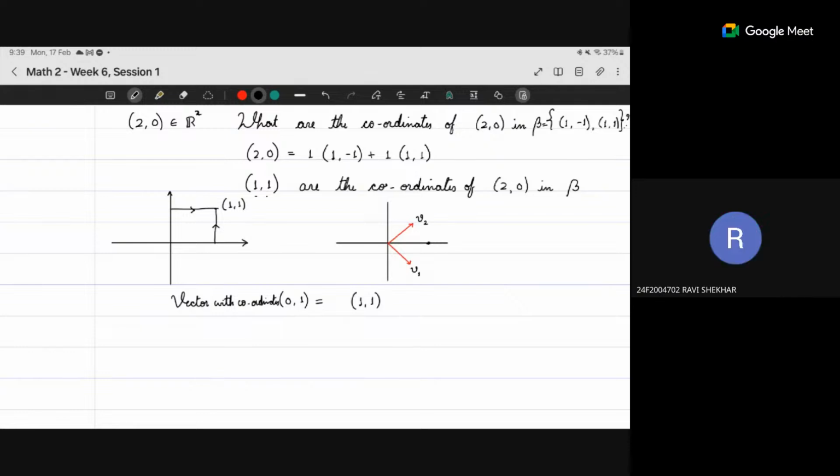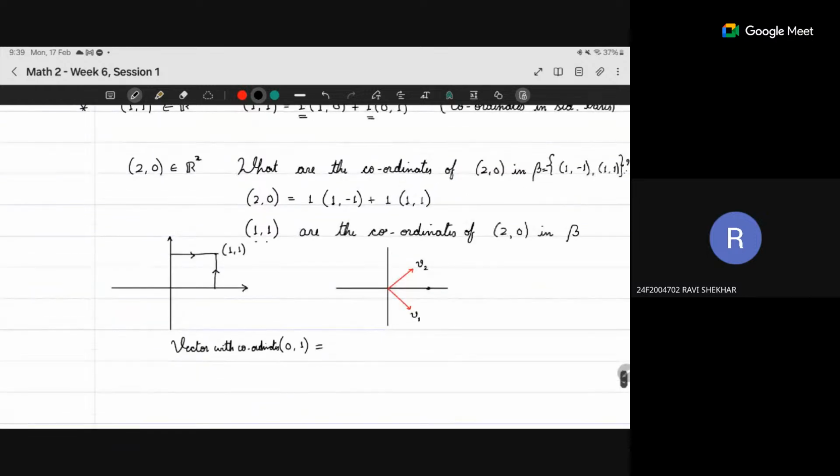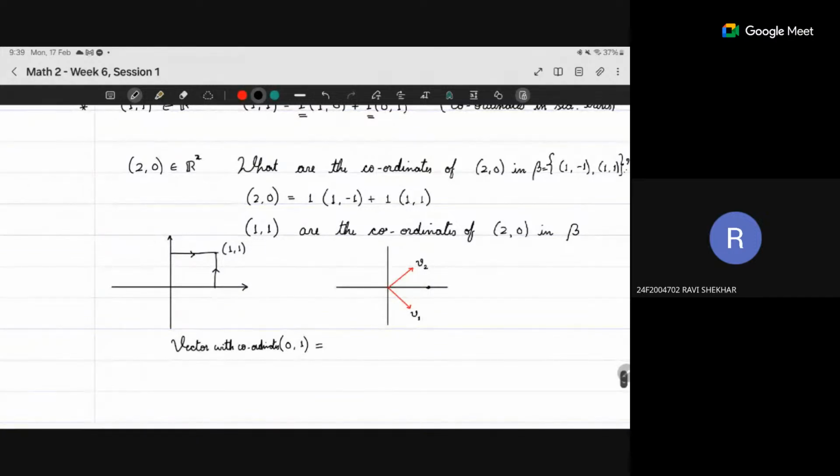Sir, a bit confused, sir. Sir, previously you wrote 2, 0 as a linear combination of the vectors in the basis set. So now why are we not doing it for 0, 1? You are writing directly. No, I'm asking the reverse question. So here what I asked was, what are the coordinates of 2, 0? 2, 0 being in the normal system, as in the standard basis. Then I found that 1, 1 are the coordinates of 2, 0.